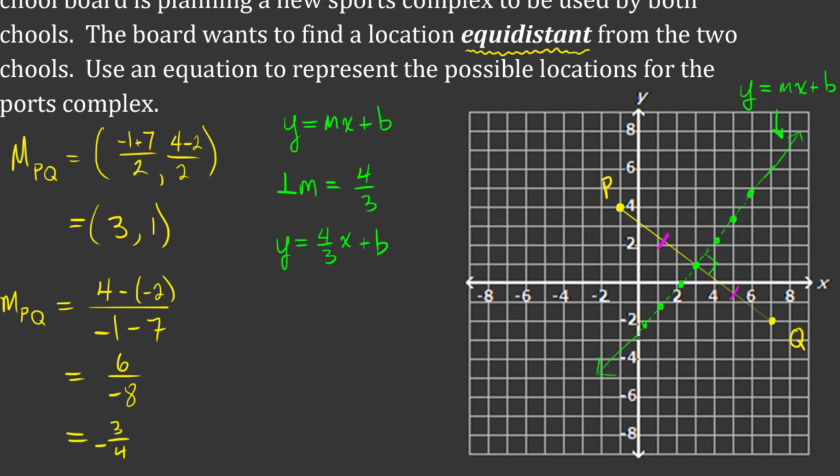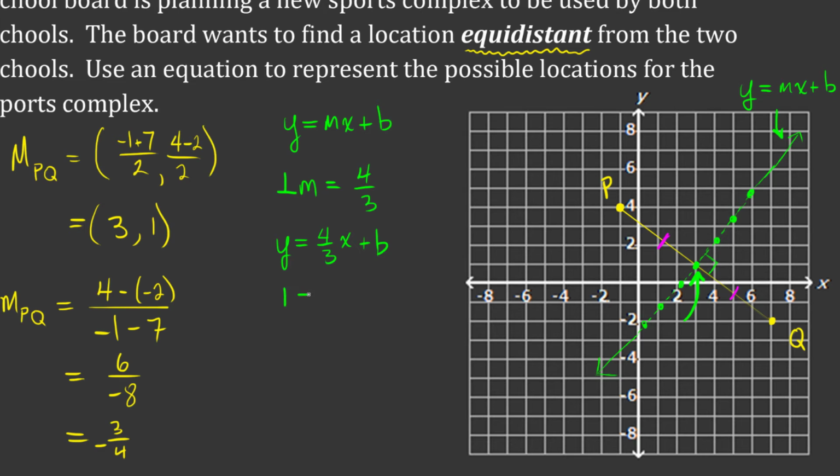And it looks like it's giving me somewhere around -3 or between -2 and -3, but I didn't draw it correctly necessarily. What can I place into my y value and my x value so that I can solve for the b value? I can only put the point that is on the green line that I know for sure, and that's the midpoint that I calculated over here, 3, 1.